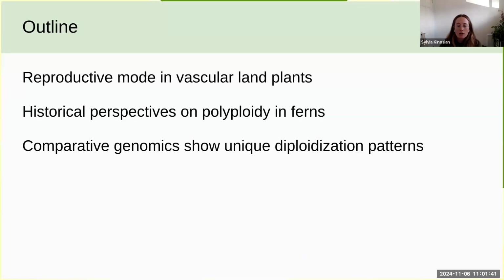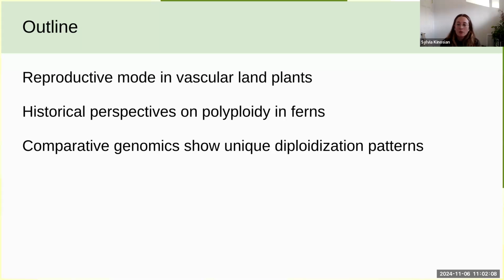So a brief overview of my talk is going to be looking first at how different reproductive modes in vascular plants work. I'll go over the homosporous versus heterosporous reproductive modes. Then I'm going to talk about some historical perspectives on polyploidy in ferns, and how we got to our current understanding of genome structure and evolution in ferns, but also in angiosperms as well.